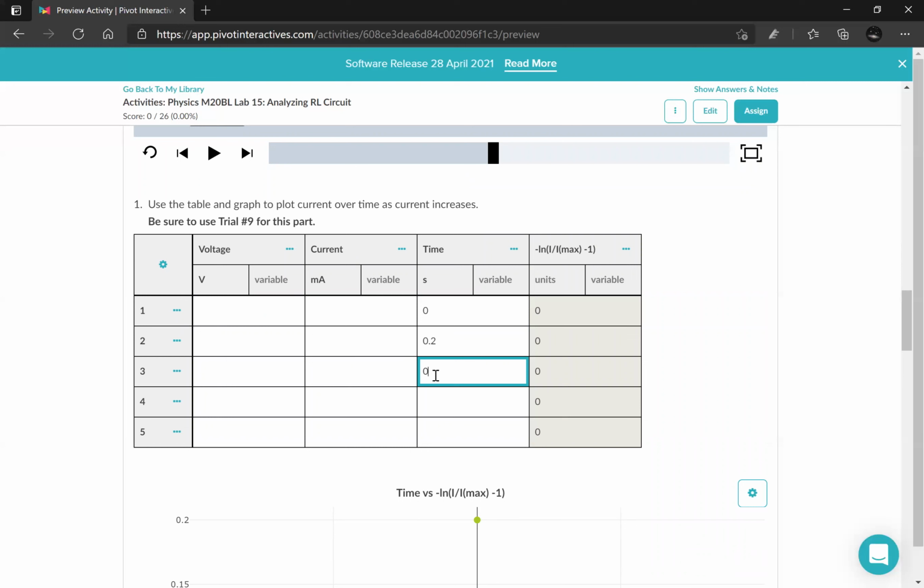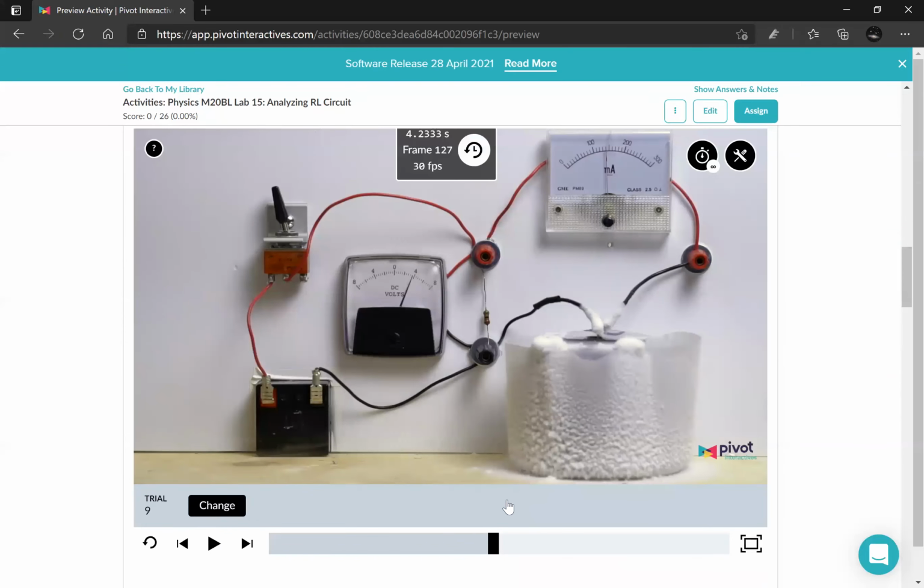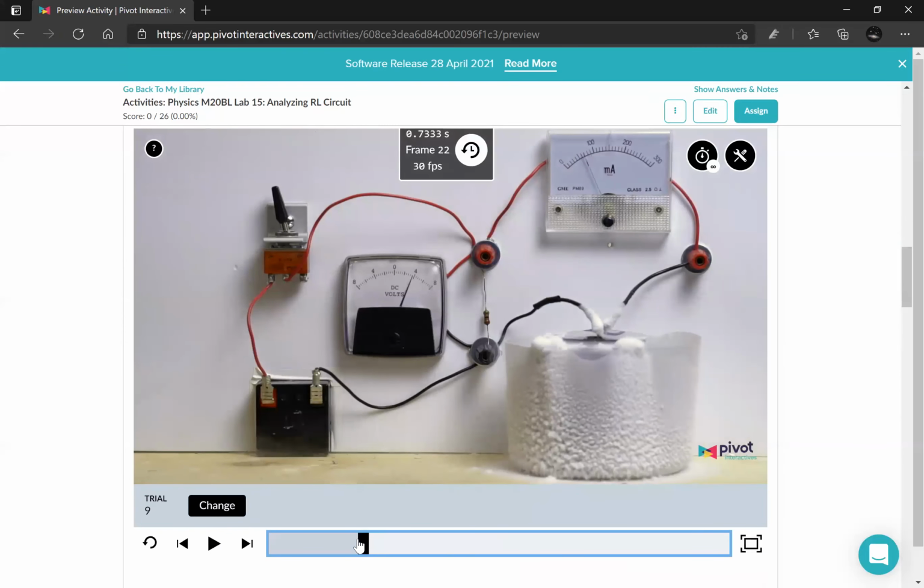Basically 4 seconds divided by 10 measurements, so maybe every 0.4 seconds or so: 0.4, 0.8, 1.2, things like that. And then measure the current. Let's say, what is the current at 0.4 seconds? You go back and find, I guess you can't really change it to 0.4 directly. There we go, we can put 0.4.